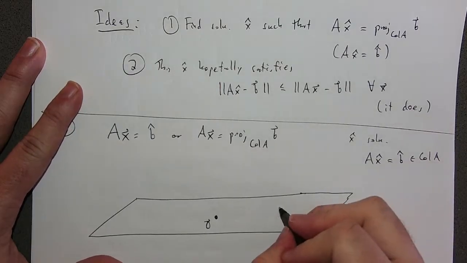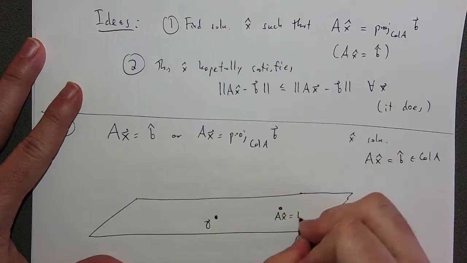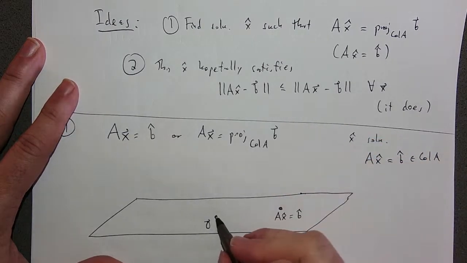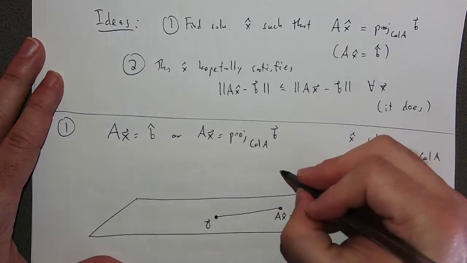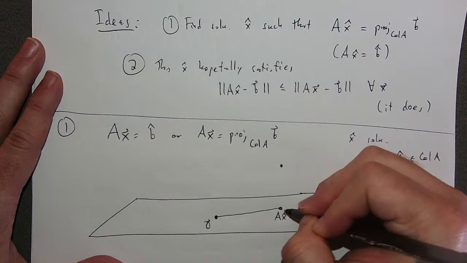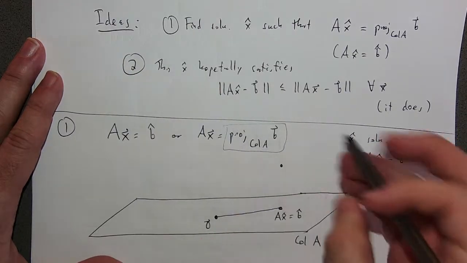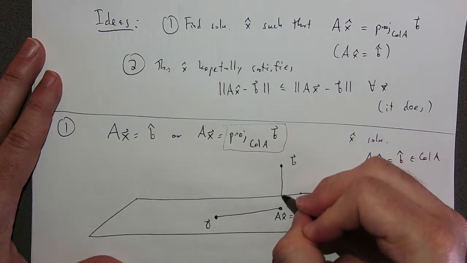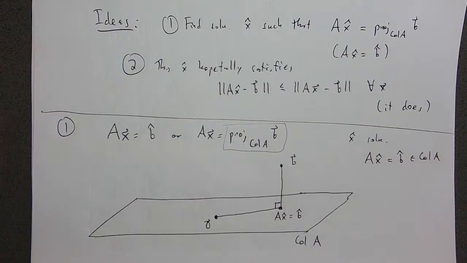So A x hat is here. This is b hat. This is the thing that I am projecting. So if I draw a line between those things, this point, this b hat, by definition, is the orthogonal projection of B onto the column space. Right?